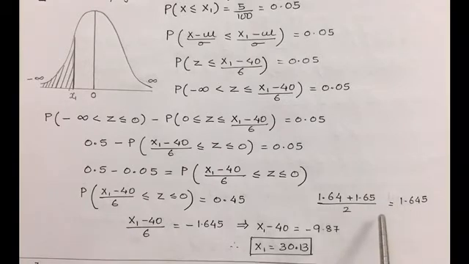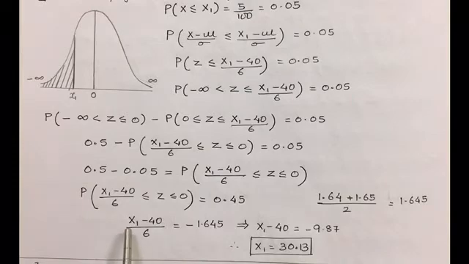This is a direct calculation being done. You can make the table and even show this calculation. So we get the Z value of 0.45 as 1.645.